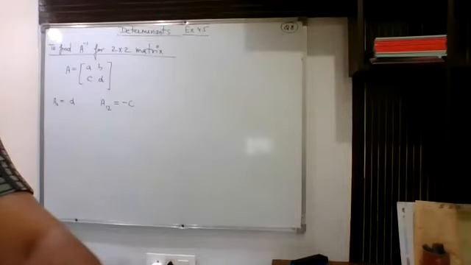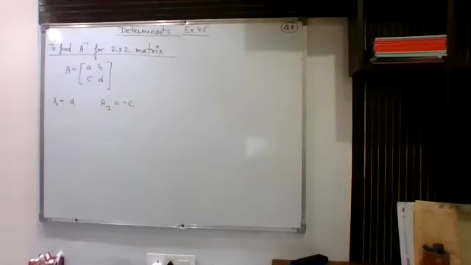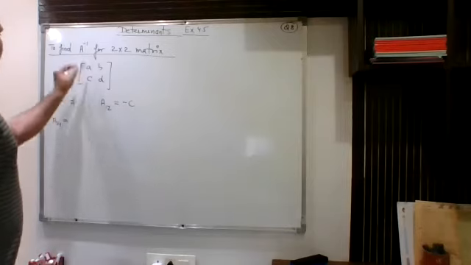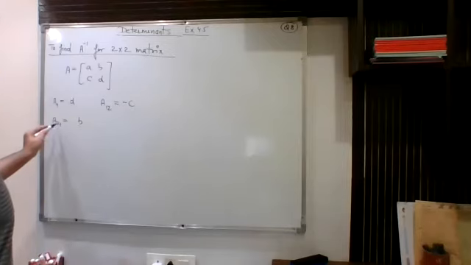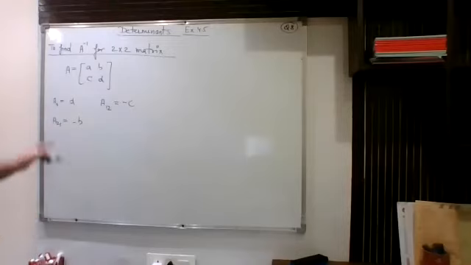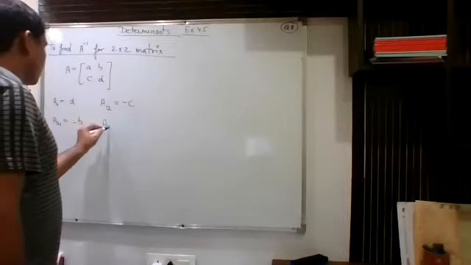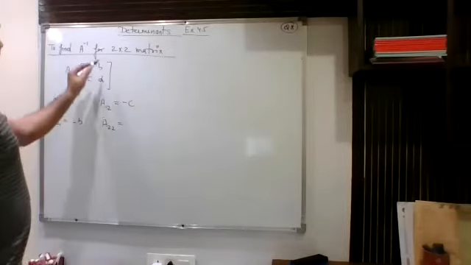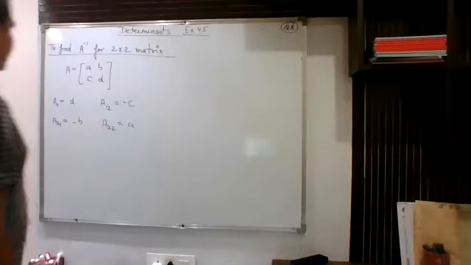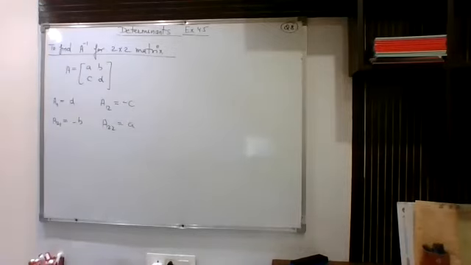Okay, now similarly, we will find A21. So A21 is simply B. Now here again, 2 plus 1, this is 3, so it is an odd number. Then A22, so it is simply A. So these are the 4 cofactors.